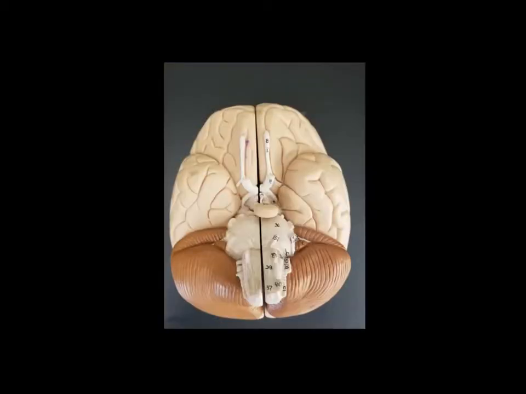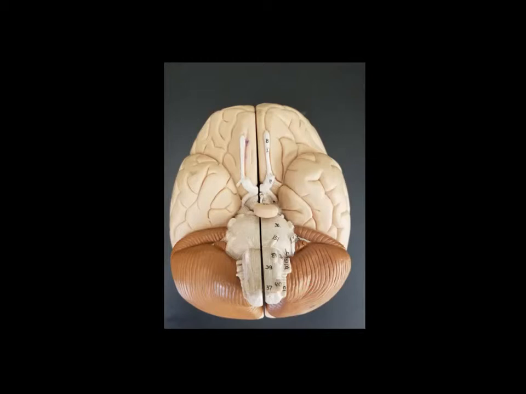Now we've turned the brain over, we're looking at the inferior surface of the brain, or the bottom of the brain. And there's only a little bit of new information here, but we can still see the frontal lobe. On each side, we see the temporal lobes. We can still see the medulla oblongata and the pons, and of course the large brown cerebellum.